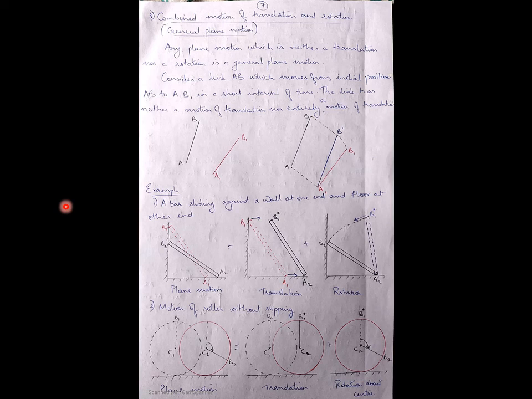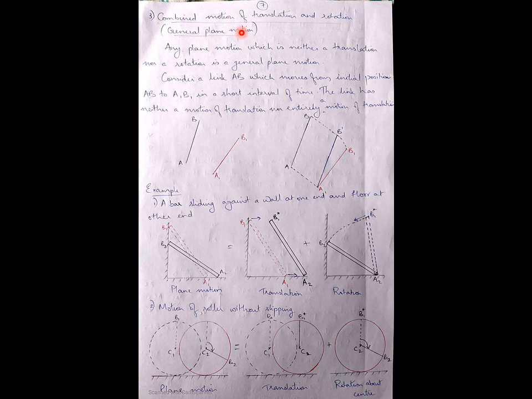From the name itself, you will be getting an idea. It is a combination of translation as well as rotation, or we can generally say it as general plane motion. So that's your heading: general plane motion or plane motion of rigid bodies, or it can be said as combined motion of translation and rotation.